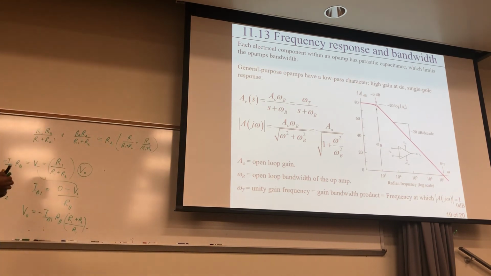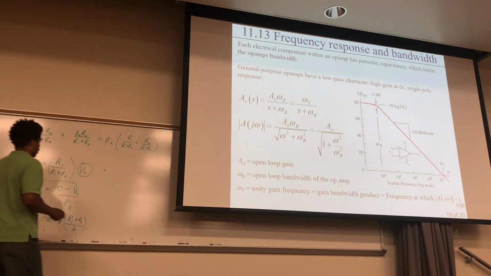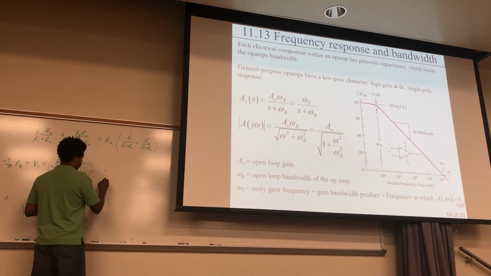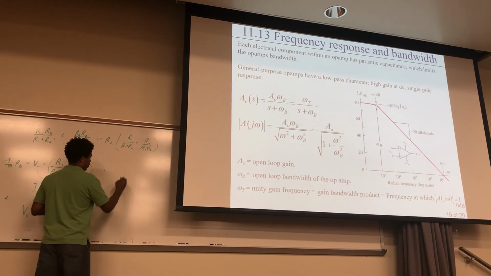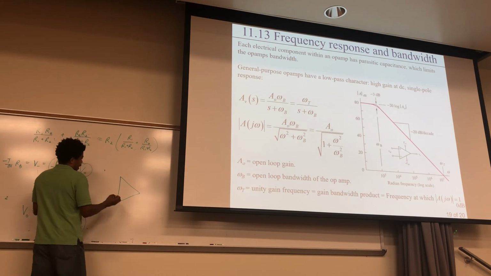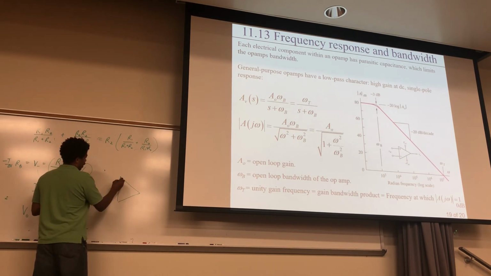What I mean by parasitic capacitance is like this. Let's say you have this op-amp right here, and let's talk about it with respect to things outside the op-amp. Parasitic capacitance happens everywhere, right?